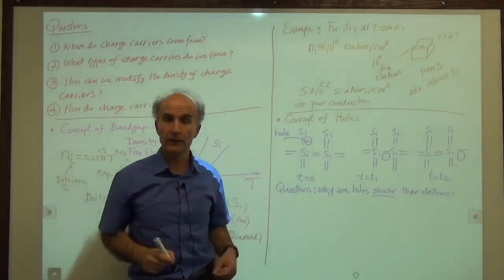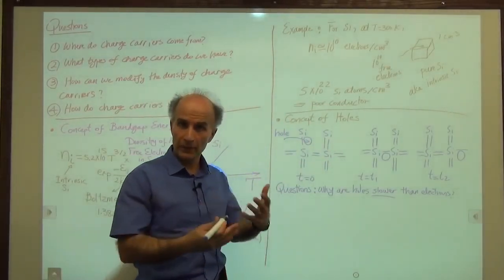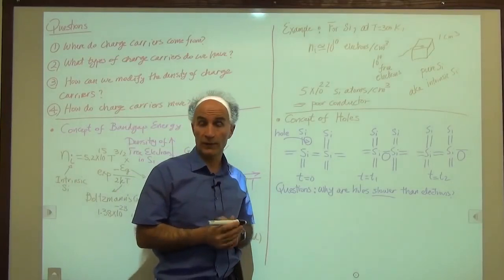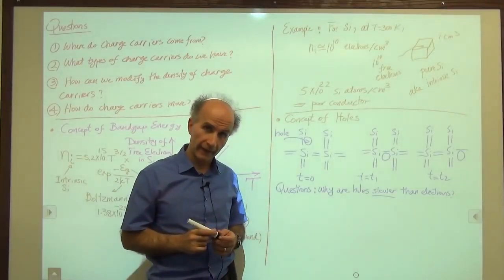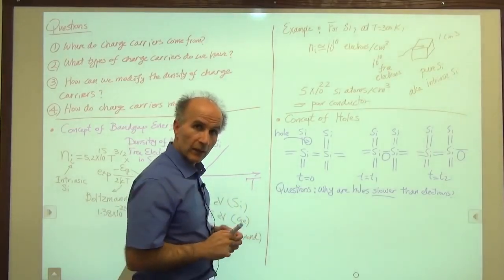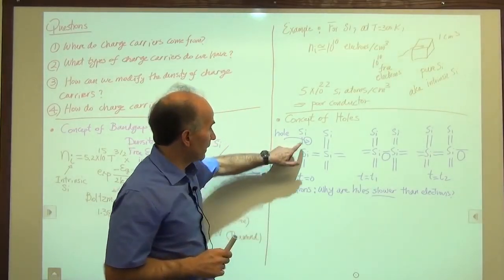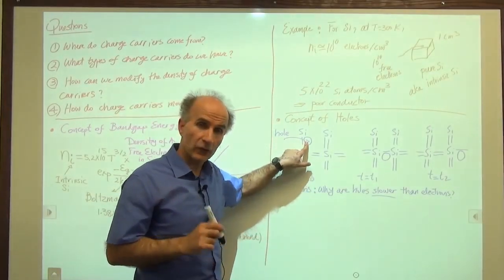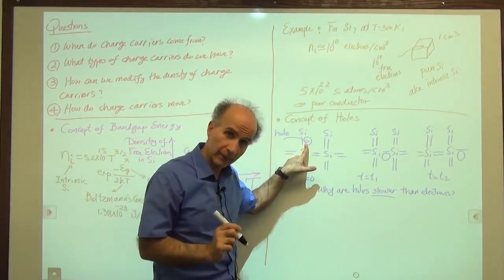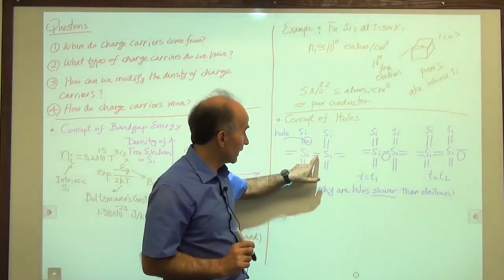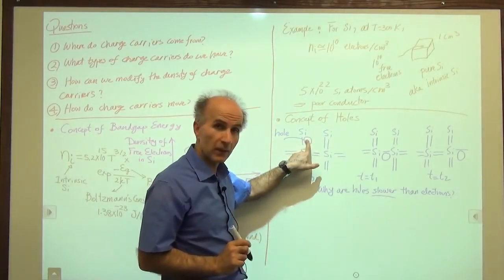Okay, as we will see later, when we give properties to electrons and holes, we say holes are slower, maybe by a factor of 2. Why is that? Well, you can see here that the way this hole moved was actually by electrons being released and trapped. One electron was released from here and trapped here.